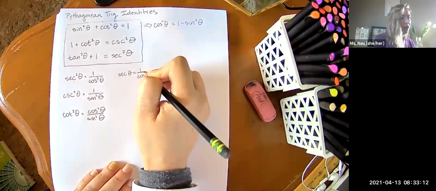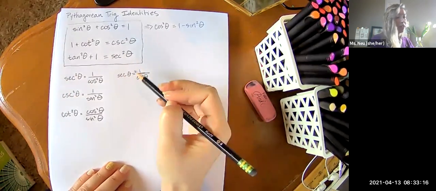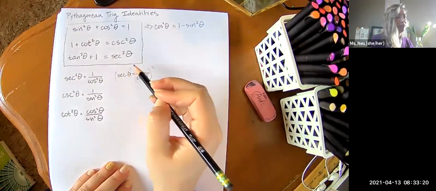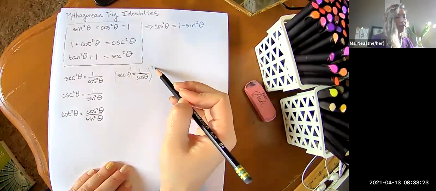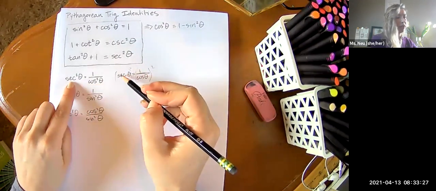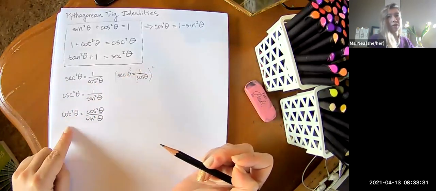Same thing, just because the squaring properties work on both sides. If I were to square both sides, 1 squared doesn't change anything, and then I get cosine squared theta, and then over here secant squared theta. So all of these can be either squared or not squared.